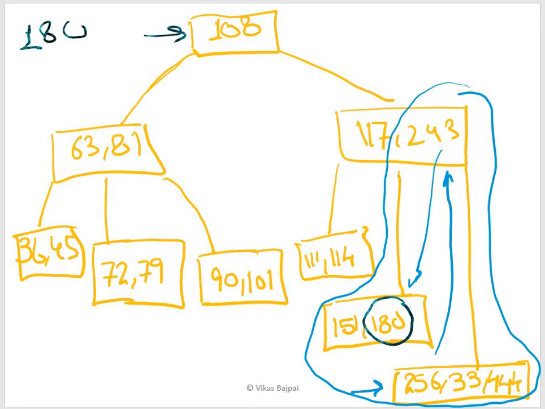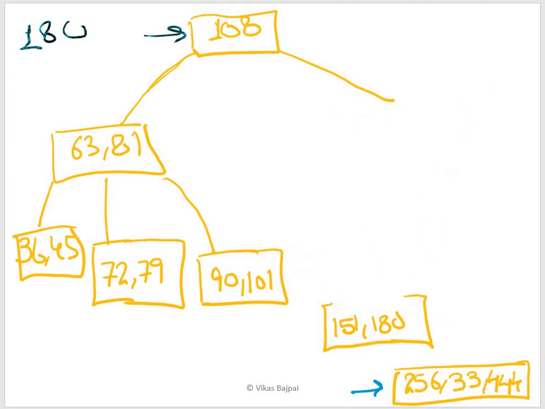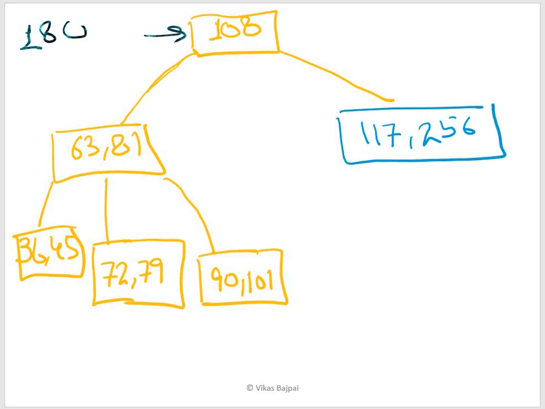So my resultant tree on the right hand side will be somewhat this. Let me draw it once again because you'll get an idea of how this movement took place. So I have 117, I have 256 on this side because this came from below.